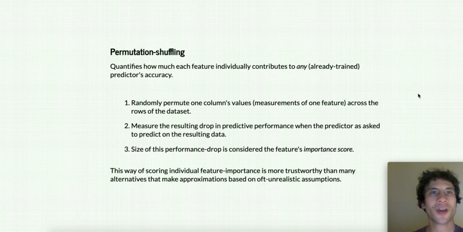The size of this drop can be considered the feature's importance score, basically how much predictive signal did this feature provide, because once its values are shuffled, all of this predictive signal is basically destroyed. This way of scoring feature importance is often more trustworthy than many alternatives that make a lot of approximations or are based on often unrealistic assumptions.